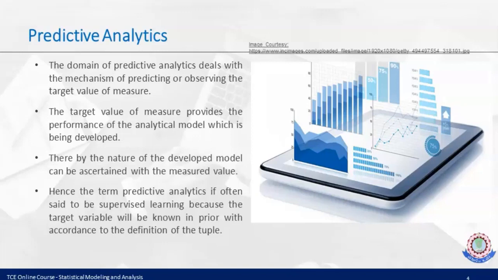Therefore, the target is then typically used to steer the learning process in an optimization procedure. In general, the forms of prediction and the algorithms deployed in developing a predictive model can be of type classification and regression analysis.